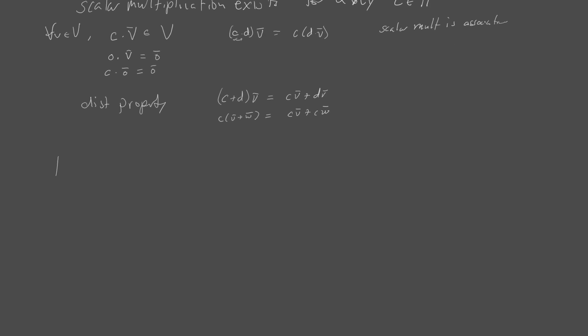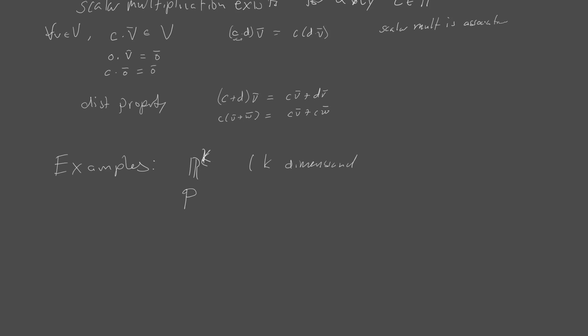Some examples of these then, let's just write down. So R^k is an example of a vector space. This is k-dimensional. We had the set of polynomials.